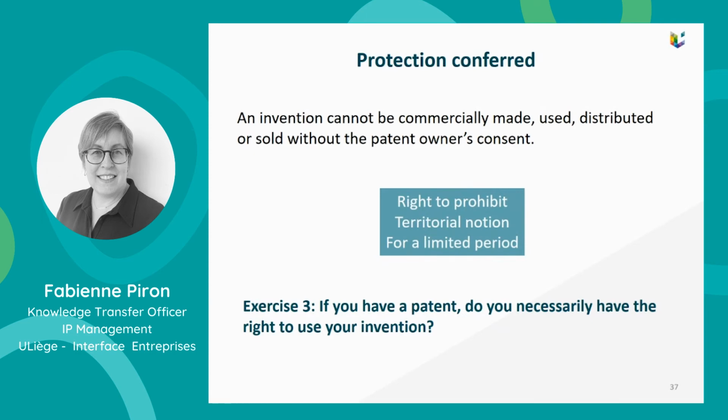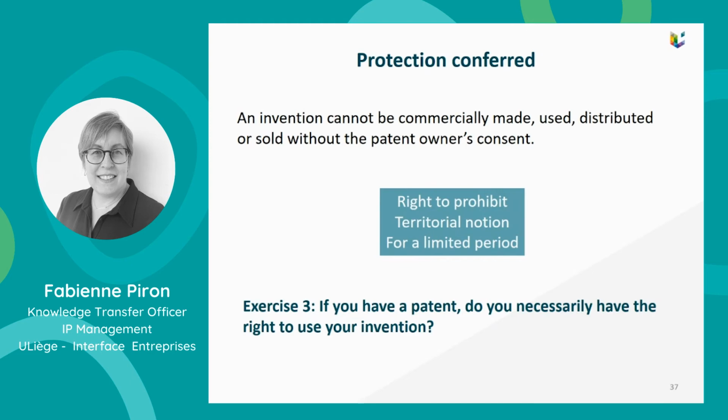So the patent is a right to prohibit others to use without the consent of the owner of the patent. It doesn't give any right to the owner to use its own protected technology. To do this, the owner has to request a license to use the technology, or request a marketing authorization.